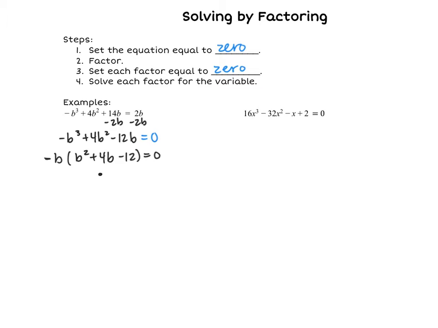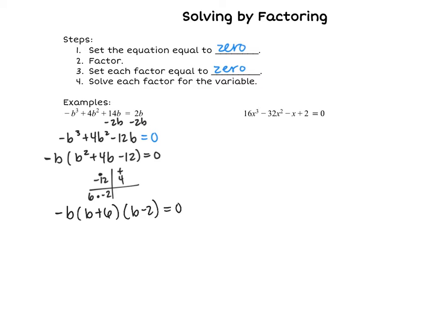So what two numbers multiply to give us -12 and add to give us 4? Well, in this case, those two numbers are 6 and -2. And since there's no lead coefficient in front of this b squared, I can just write my new factors as b plus 6 and b minus 2. And I still have -b up front as my greatest common factor, and it is equal to 0.